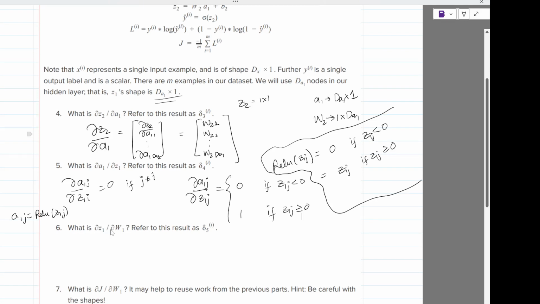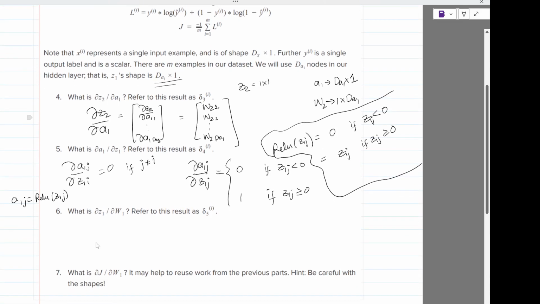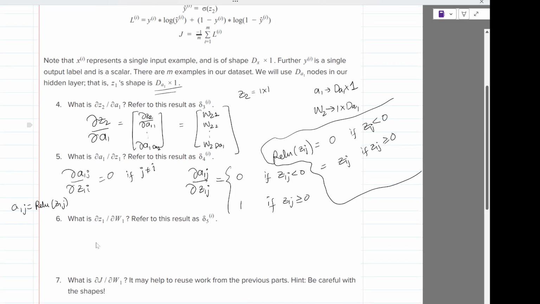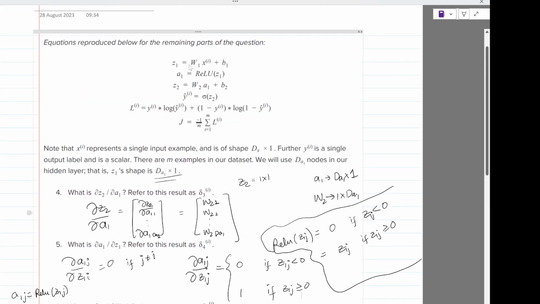What is del z1 by del w1? So z1 is this. z1 is a vector of shape dA1 cross 1, and w1 is a vector of shape dx cross 1.